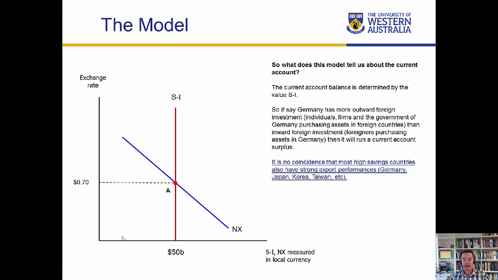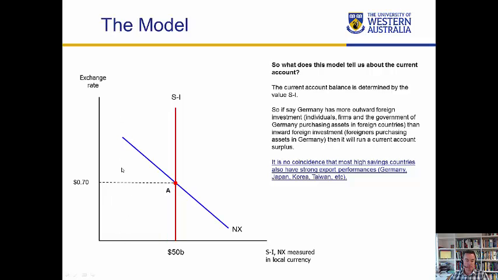So Germany has a large outward net foreign investment. They invest more of their savings in other countries than other countries invest in Germany, and that's a function of a high savings rate. So we have here Germany with a high savings rate, maybe at point A, but the United States would be far to the left.